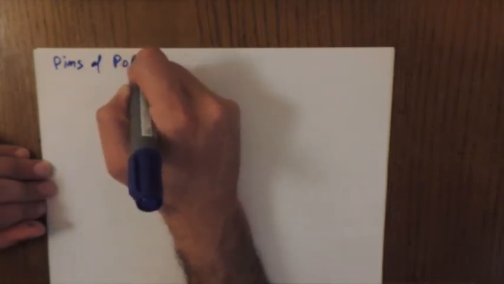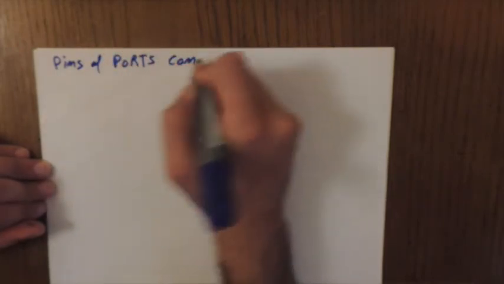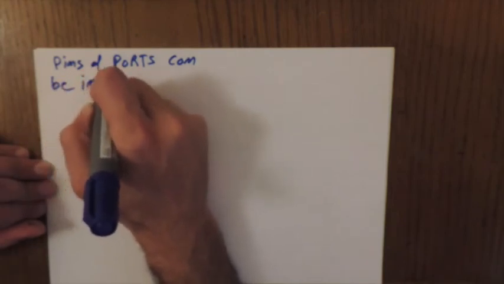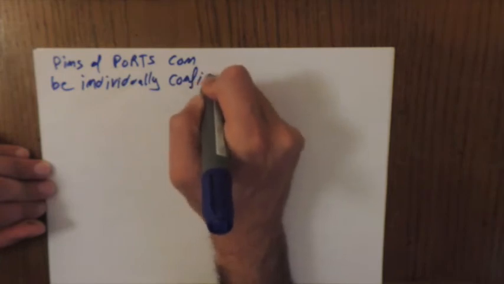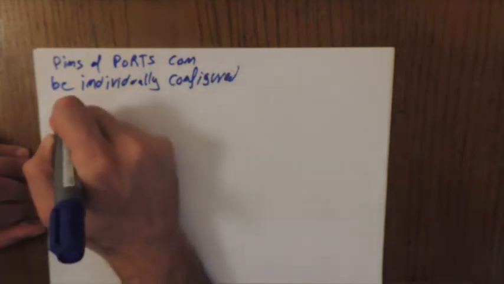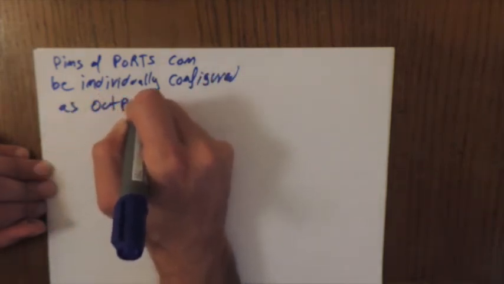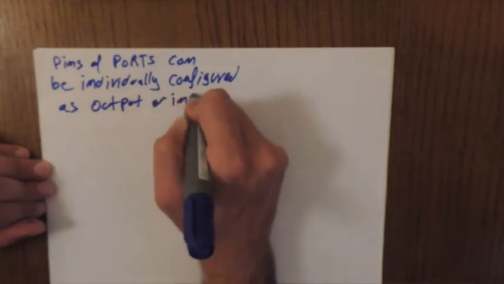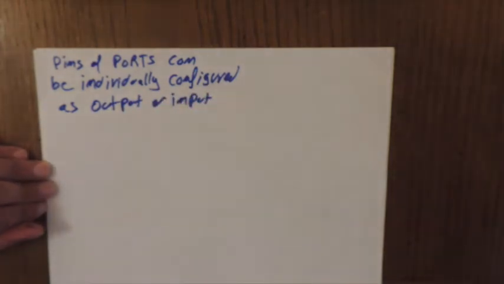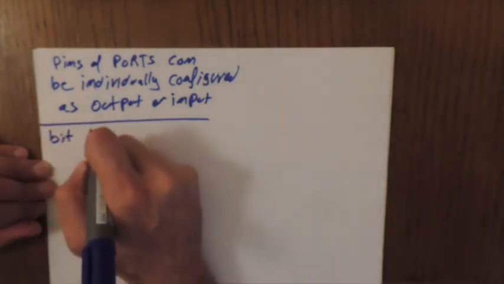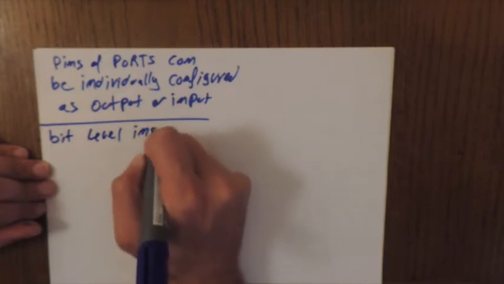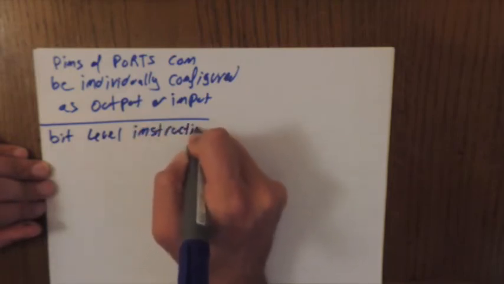So pins of ports can be individually configured as output or input. For this, it's very convenient to have bit level instructions. So instructions that work on a bit level.